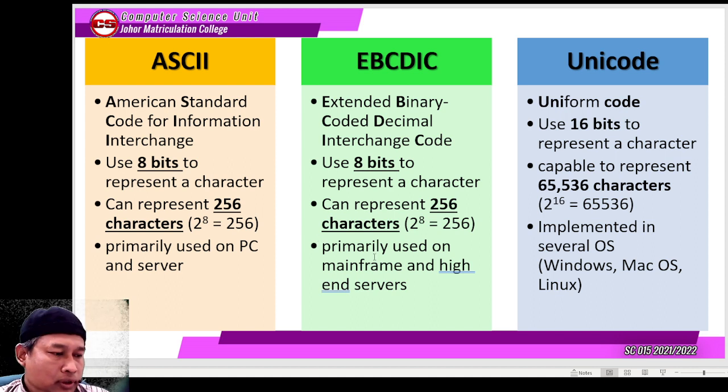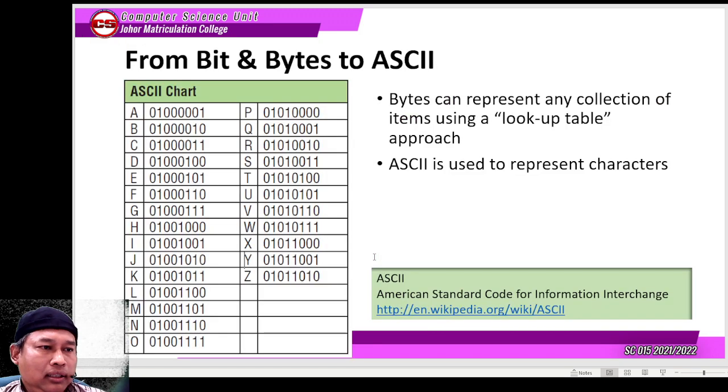Okay, now you must know the types of coding scheme. And then from bit and byte to ASCII. Before this, we learned about bit and byte, how many bytes and how many bits. Remember, 1 byte is 8 bits.